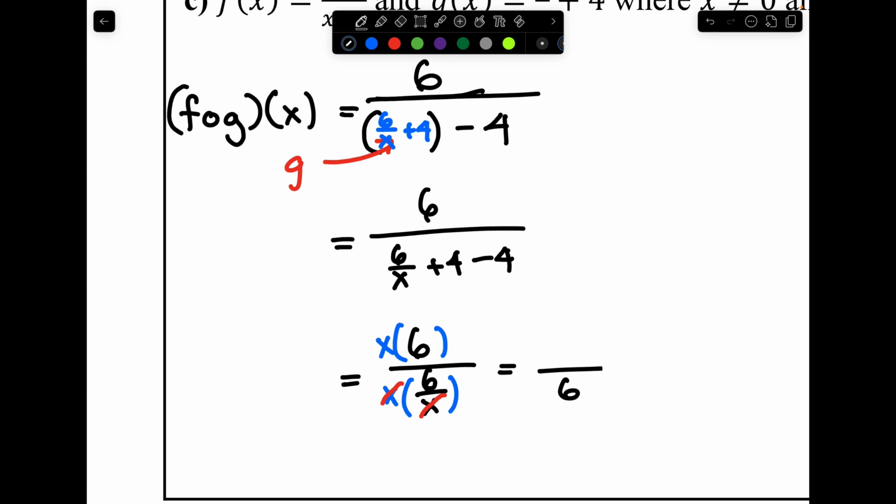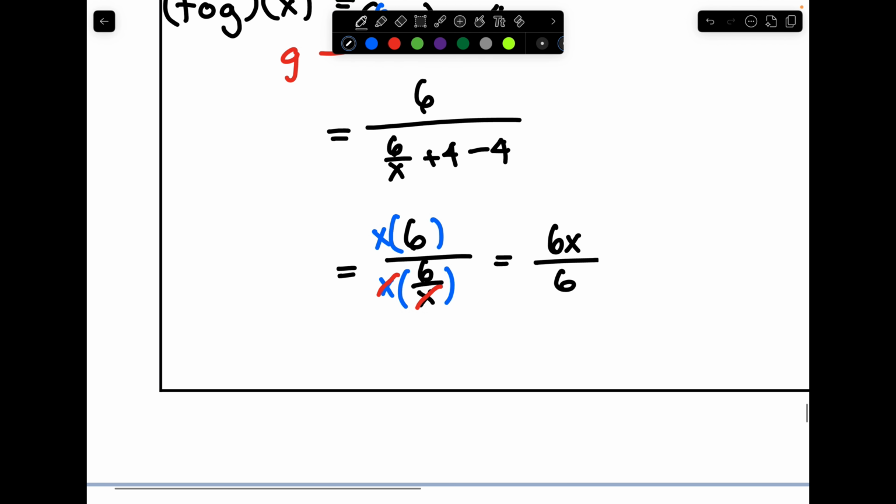So our 6 multiplied by x is going to become 6x. And as you see, 6 divided by 6 is going to become 1. So the composition of f of g of x simply reduces down to the value of x.